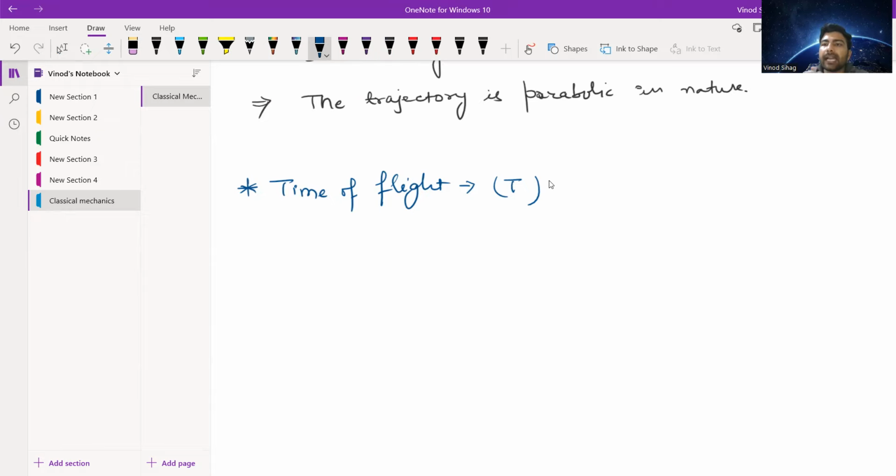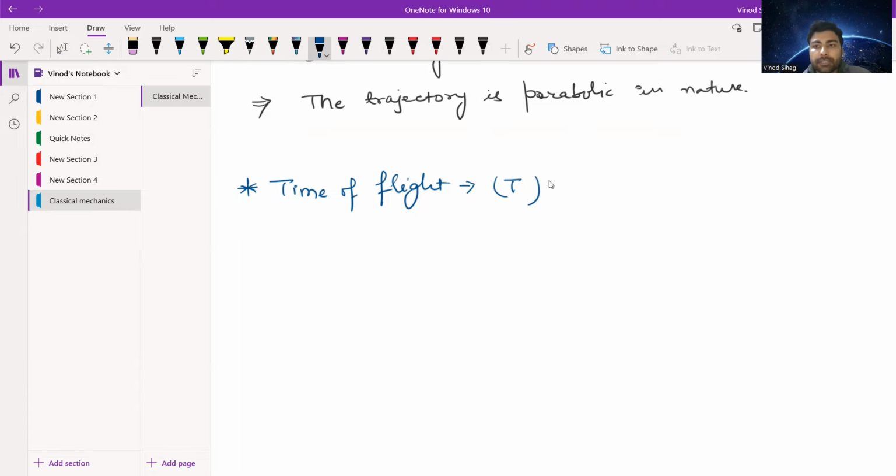Time of flight is basically the time taken by the projectile from the initial point to the final point. The initial point is where we have launched, or thrown, that particle, and the final point is where it again comes to the same ground. So the time taken to complete the path is the time of flight.